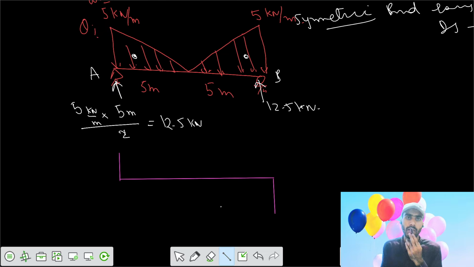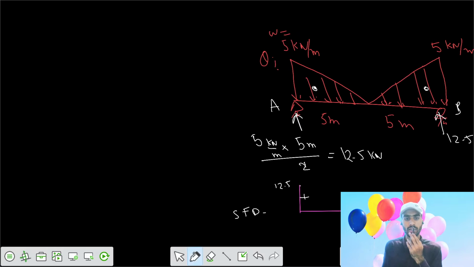Then the support B reaction is upwards, such that overall it's balanced, so if it is 12.5 positive, it would be negative 12.5 in the shear force diagram.